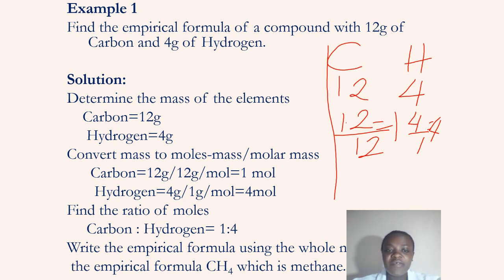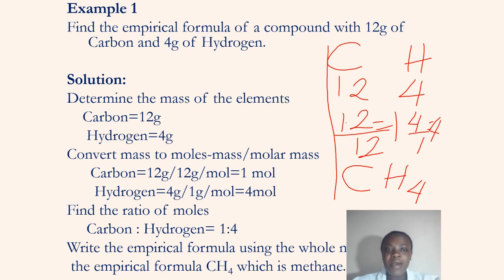So we have the moles now, 1 and 4. The mole for carbon is 1, and that of hydrogen is 4. So these are whole numbers. The last step is now to combine the symbol with its ratio, so that carbon has a ratio of 1, so we don't have to indicate that one, and then hydrogen has ratio 4.